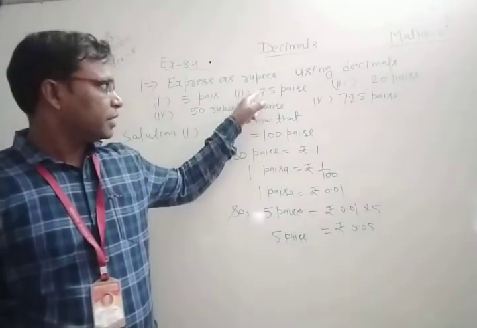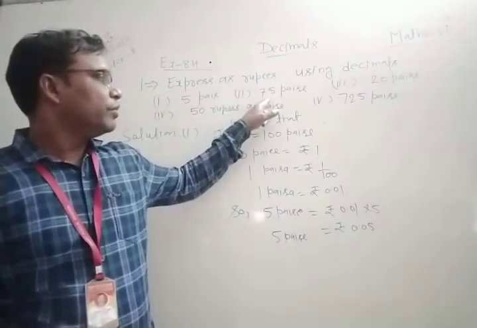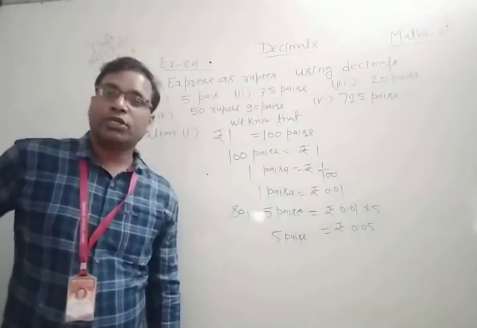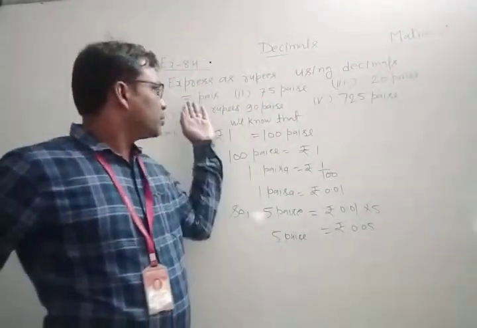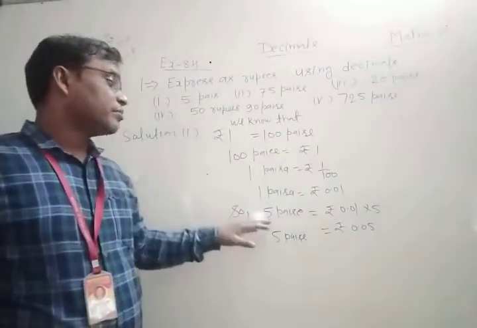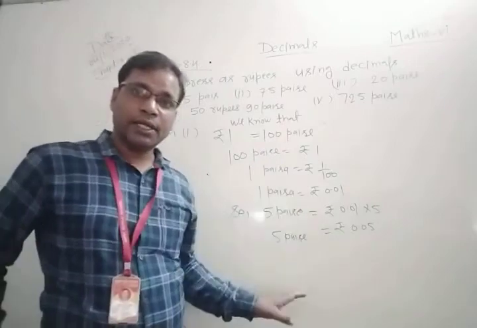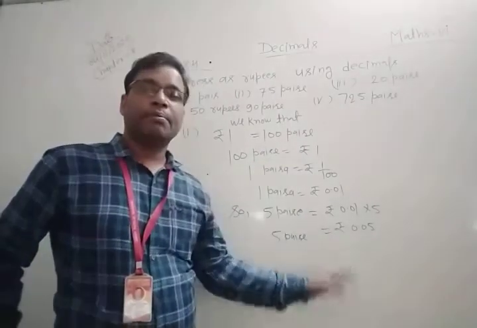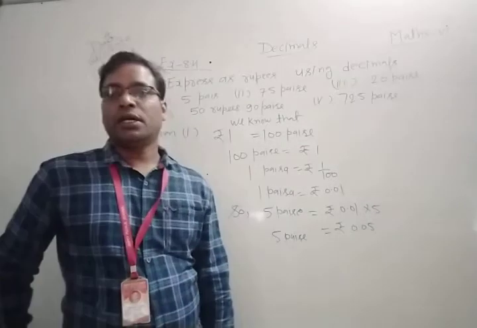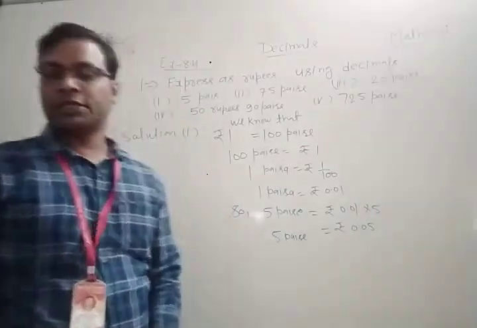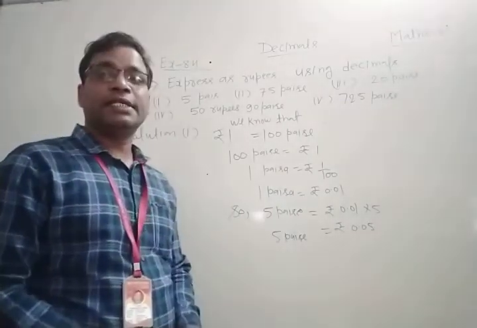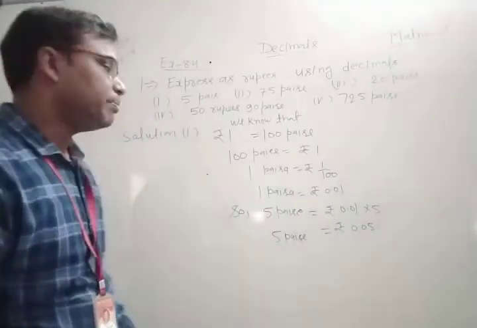Now we are going to discuss the second part of this question. We need to convert 75 paise as rupees using decimal. In the first part, we converted 5 paise into rupees using decimal. 5 paise is equal to 0.05 rupees. So let's see what the rupees is in 75 paise.